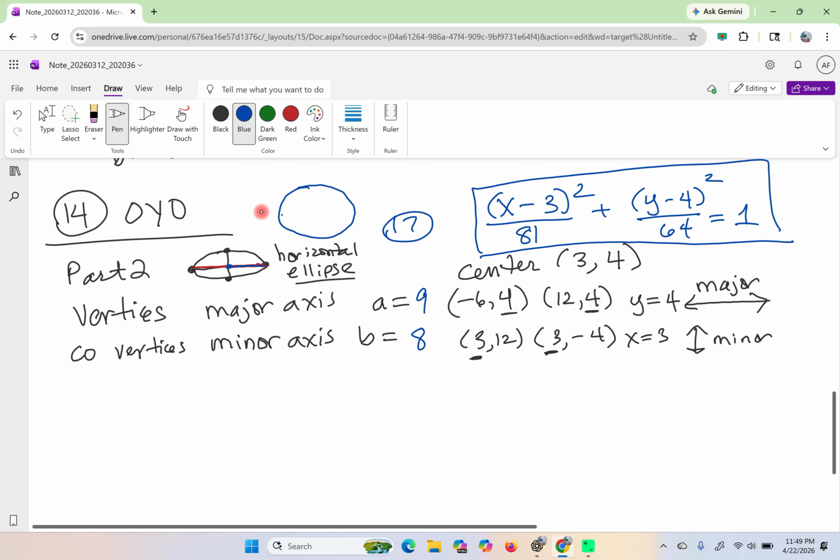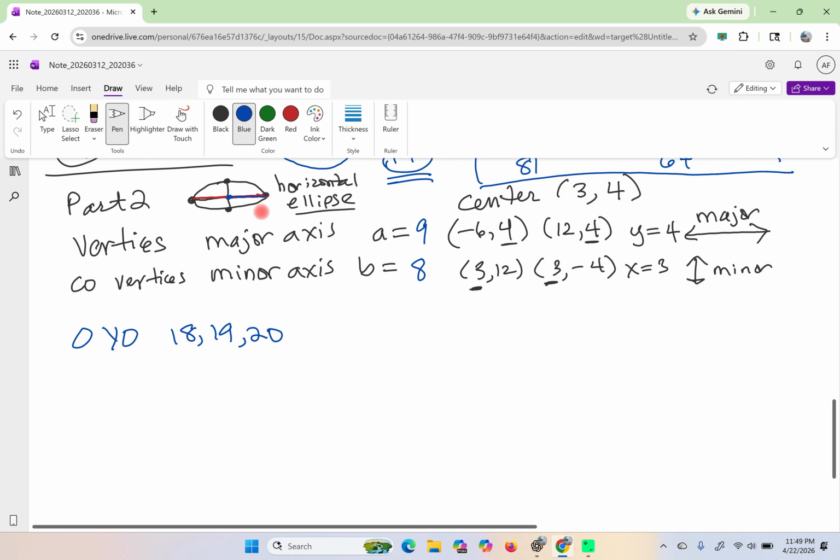But if you're not sure how to work with these points, you can absolutely, and you should plot it unless you're comfortable not plotting it. All right, so this was number 17, and then on your own you need to complete 18, 19, and 20. Check on the answer key. That completes part 2.